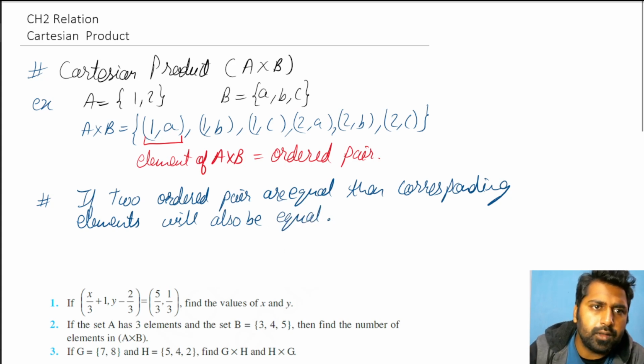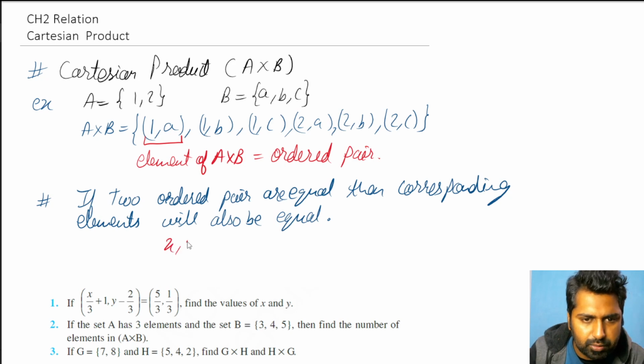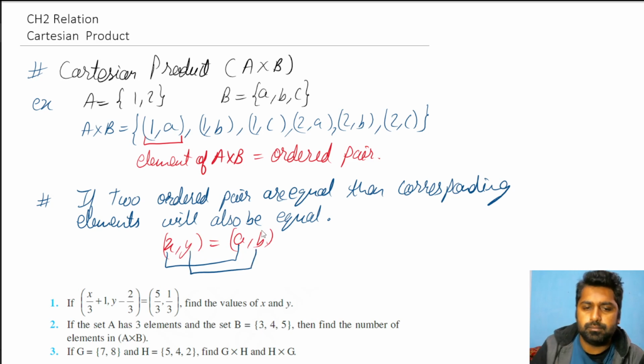What does that mean? Suppose I write one ordered pair (x, y), and I say this is equal to (a, b), then x must be equal to a, and y must also be equal to b.